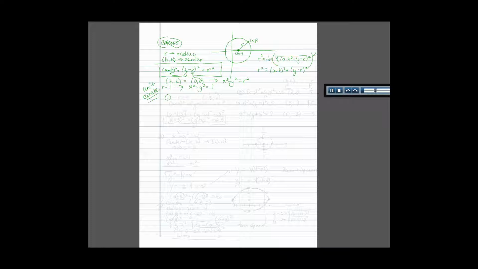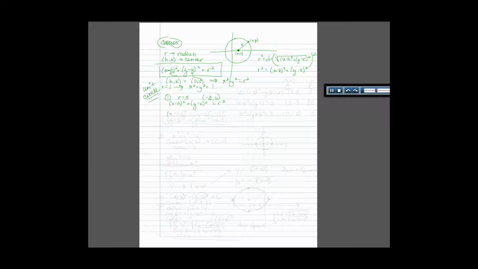So let's look at example 1. It says, write the standard form of the equation of the circle whose radius is 5 and whose center is -3, 6. Now you've got to be careful here with signs. Remember, the equation is x minus h squared plus y minus k squared equals r squared.